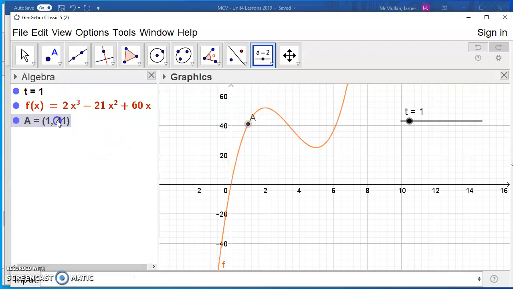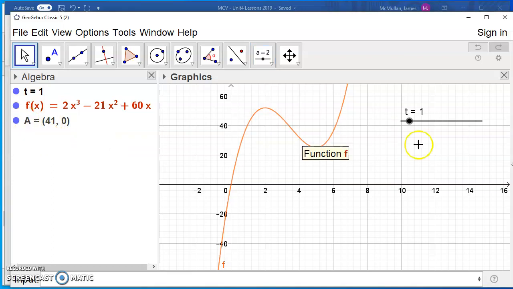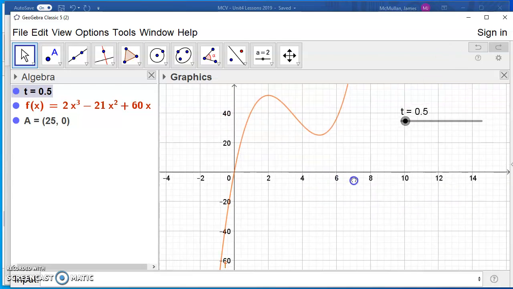Sorry, that's not what I want to do. f of t and 0. So it's going to be moving in a horizontal line, right? So here's A. And you can see, even within half a second, it's gone, because it's already moved all the way over there. It's moving really fast at the beginning, right?